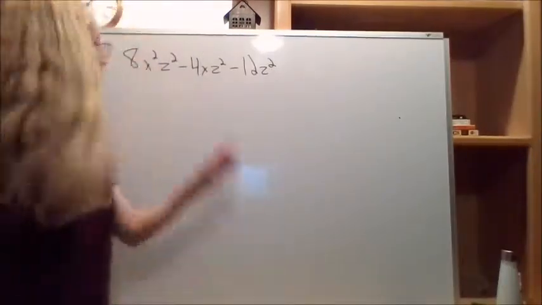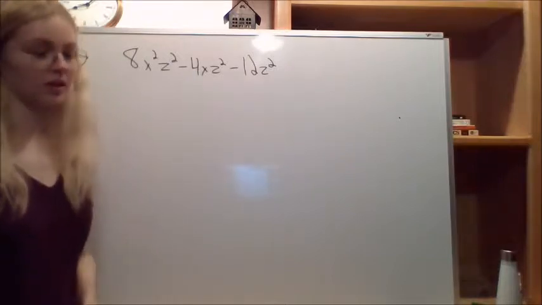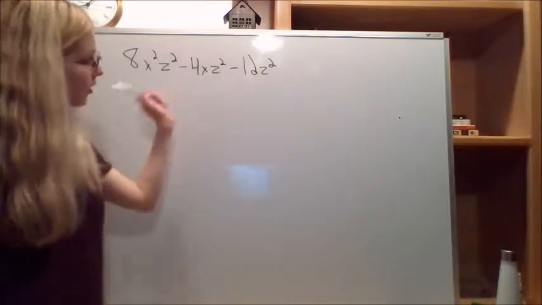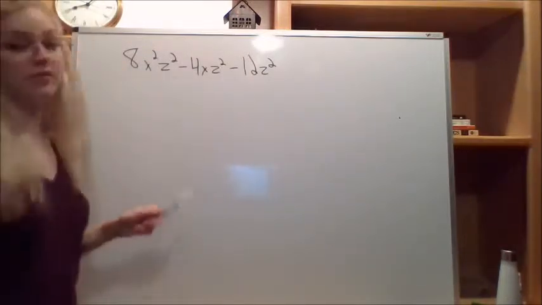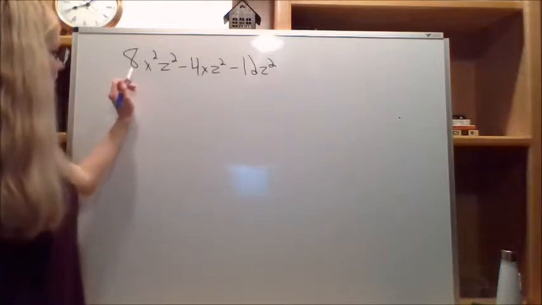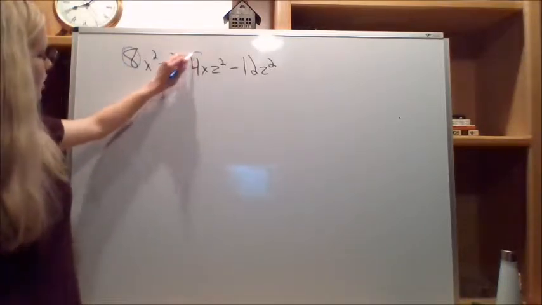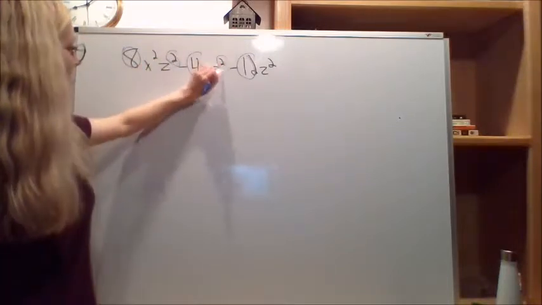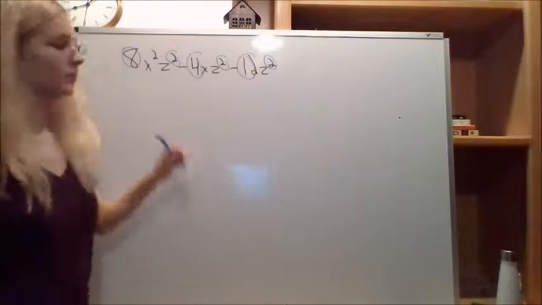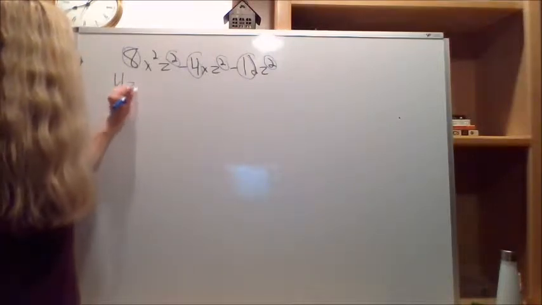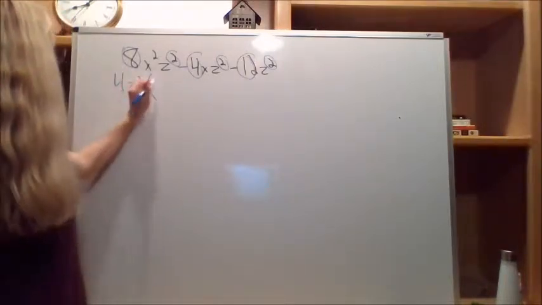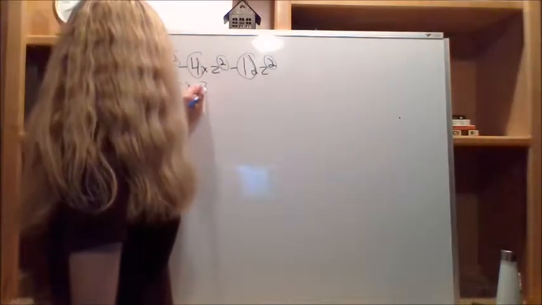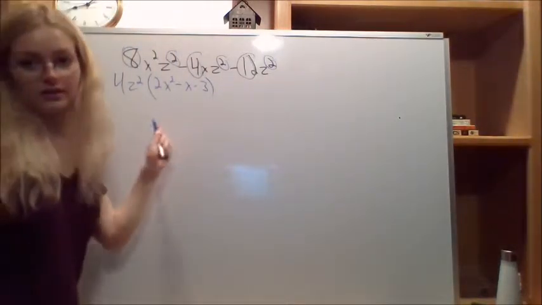As another example, we have this expression that we want to factor. So we ask ourselves, is there any common term out of these 3 terms that we can factor out first? We can see that these coefficients are all a multiple of 4, and we have z squared on each term. So we can factor out 4z squared times the quantity 2x squared minus x minus 3. Can we factor this?